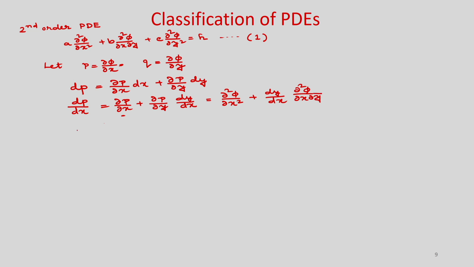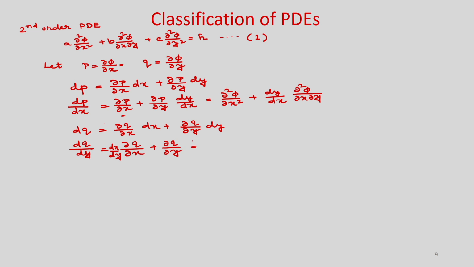Okay. Similarly, if you write dq is equal to del q by del x dx plus del q by del y dy. And you can write dq by dy is equal to del q by del x dx by dy plus del q by del y.